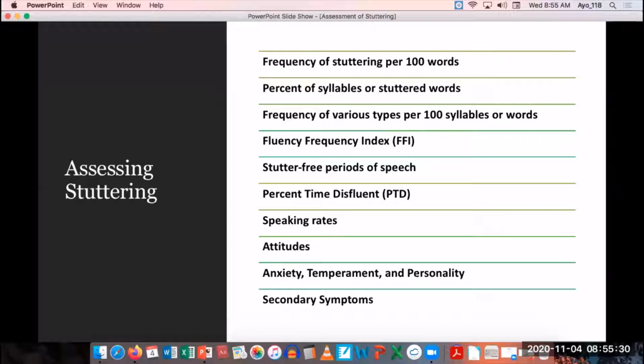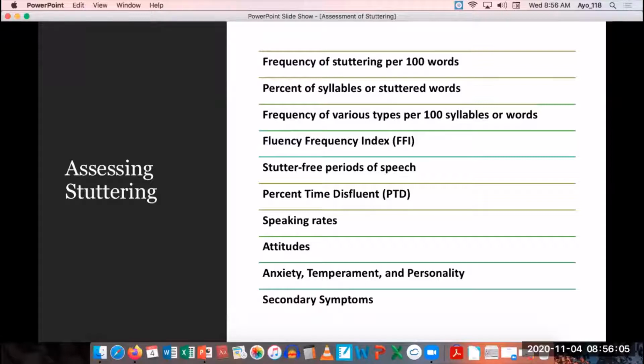Now, it's important that when you do this, you're only clocking the time where the person who is assumed a stutterer is speaking. So if you're doing this in conversation, then when you're watching the video, you're going to have your stopwatch and you're going to be clicking that stopwatch when the person who stutters speaks. And then when they stop and you interject, you stop that stopwatch.